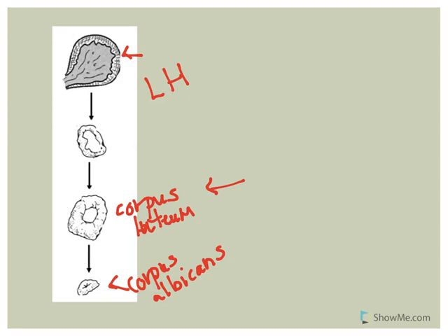But if the egg does not become fertilized, the corpus luteum will degenerate and become this corpus albicans. And it's about 12 days after ovulation unless fertilization has occurred. So we'll talk about what's going on in the uterine cycle next, which is going on at the same time as what's going on in the ovarian cycle.